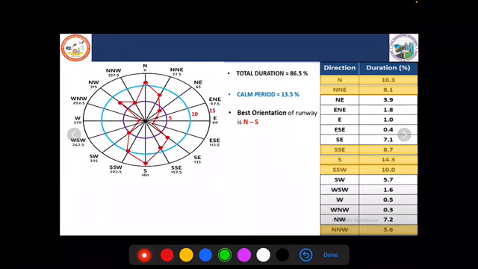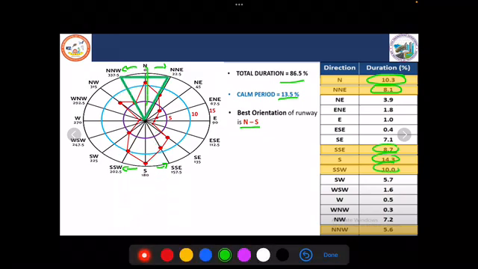So next is to determine the wind coverage. We know that the total duration is 85.6%, calm period is 30.5%, and the best runway orientation is along the north-south direction. Now to determine the wind coverage on either side of the north-south direction, we have to check the duration of the wind in those regions.